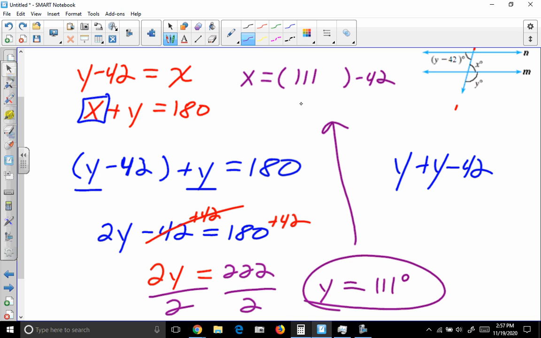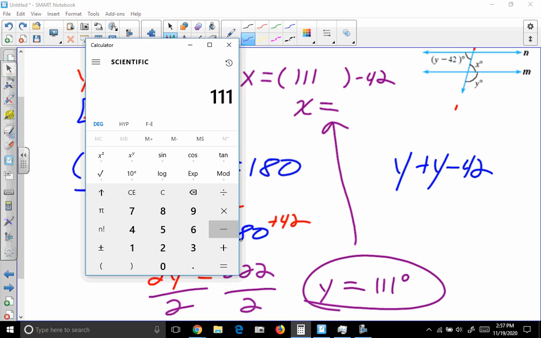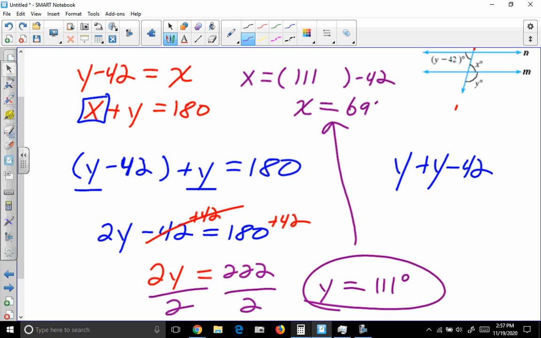So 111 minus 42, and that comes out to 69 degrees. So this is 69 degrees here. That would also be 69. Y, which is 111, minus 42 is 69. This is 111.